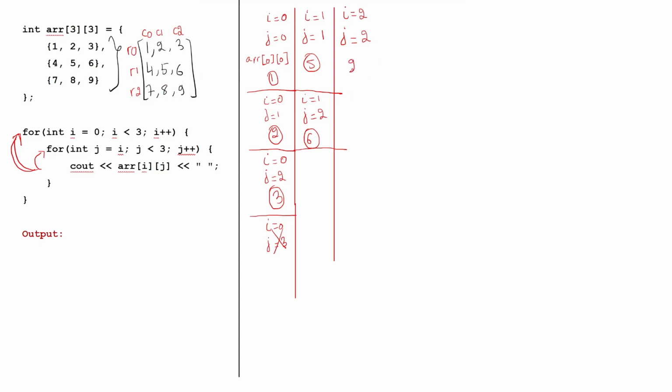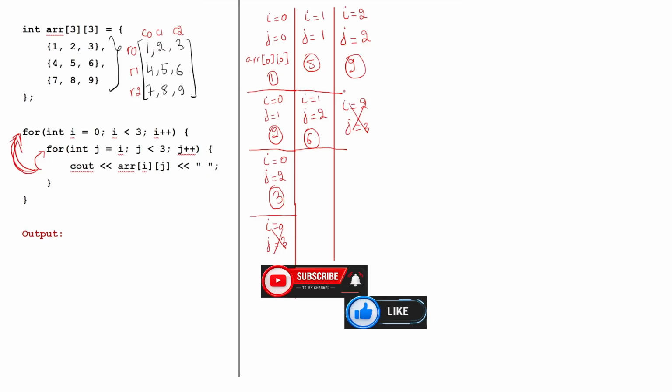So we output number 9. If we try to increment j to 3, this condition is not satisfied anymore, so we don't output anything. So we break the second for loop and we go back to the first for loop and we increment i.